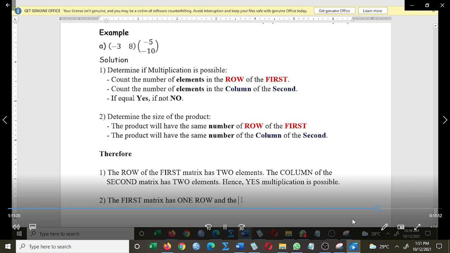And the second matrix has 1 column. Therefore, the product is a what? The product is a 1 by 1.